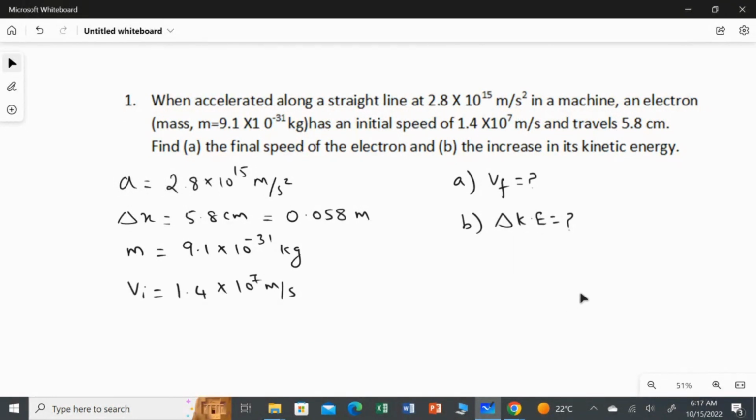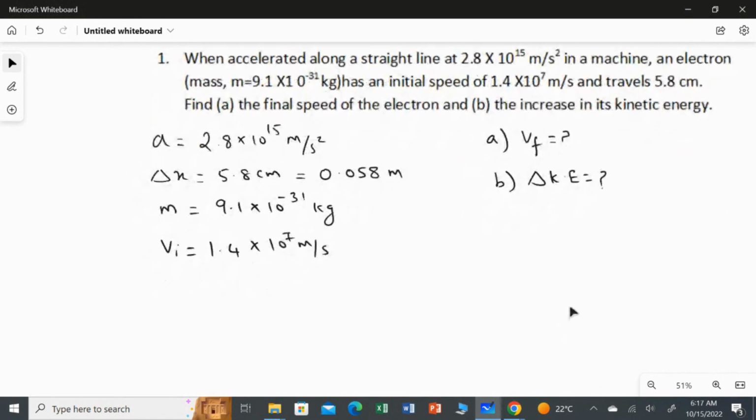So to find the change in kinetic energy, the final speed is very important. So first I am going to find the final speed by using the concept of our previous chapter, especially chapter 2, where we studied the three equations of motion with constant acceleration. So first of all, I'm going to find the answer for the first part.